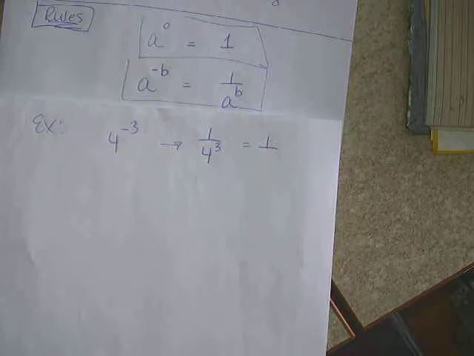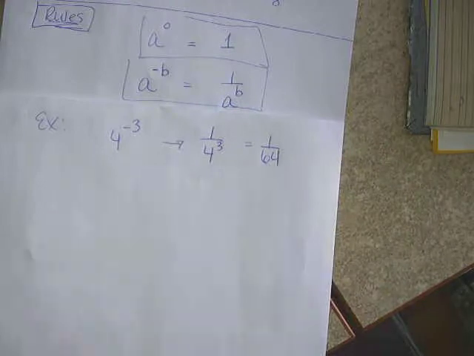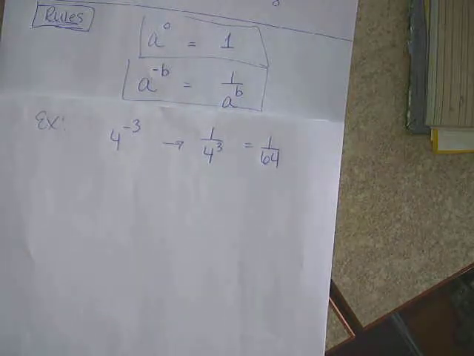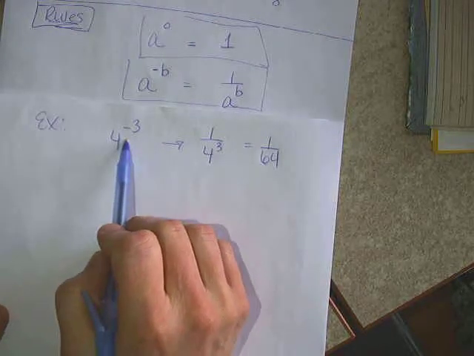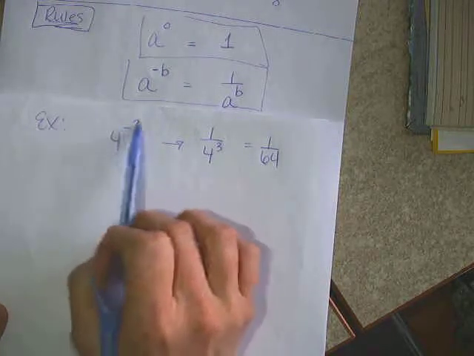Occasionally you have really big ones and we'll just leave them with that exponent. But in this case, we can do 4 to the third. Nope, should be bigger than that, because 4 times 4 is 16 times another 4. Should be 64, I believe. Yes. So that'd be 1 over 64.